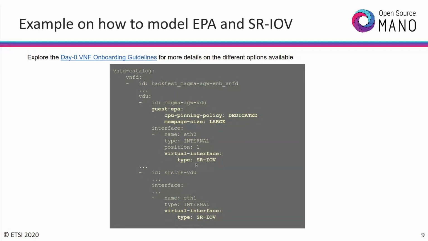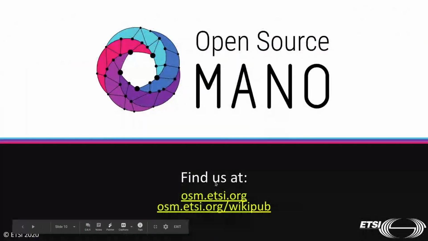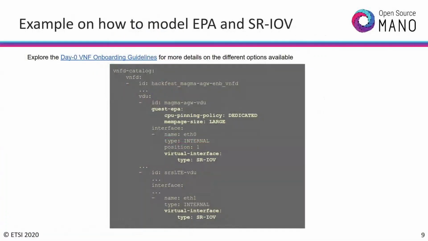Then to enable SR-IOV, I just set the type to SR-IOV in the interfaces. So here we are enabling CPU pinning, huge pages, and SR-IOV. But when you enable SR-IOV, OSM assumes that it's a VM that requires a heavy throughput, so it will by default set CPU pinning and huge pages for you.